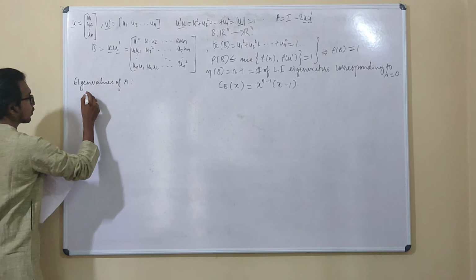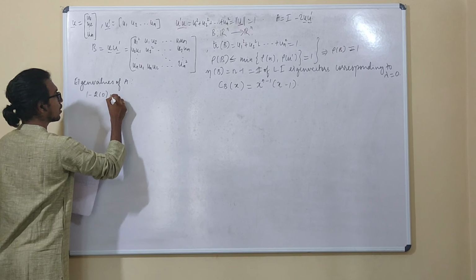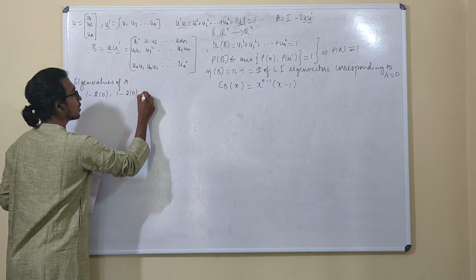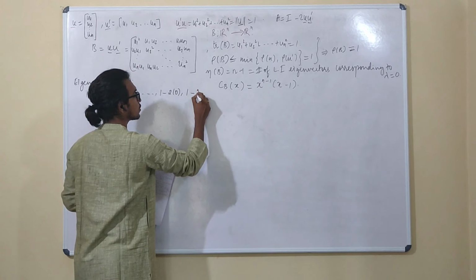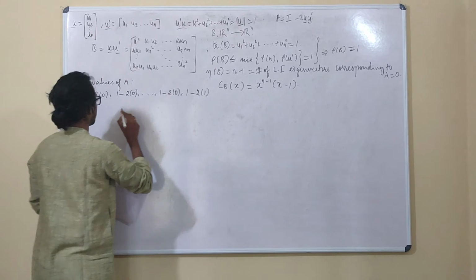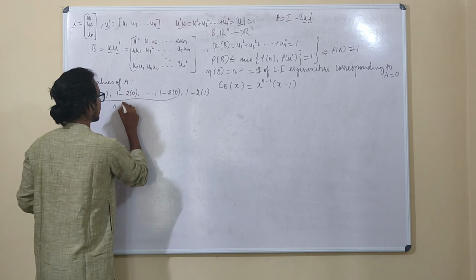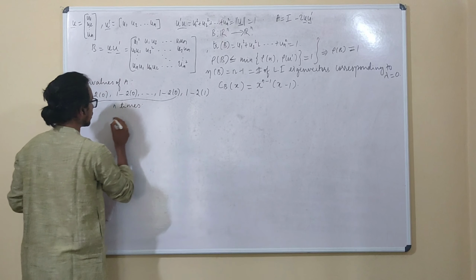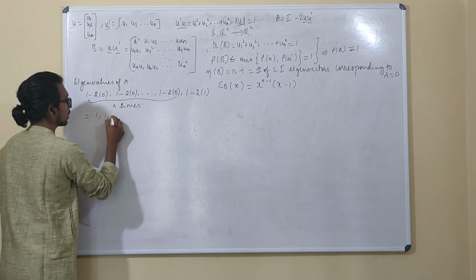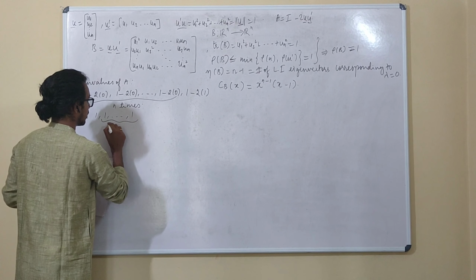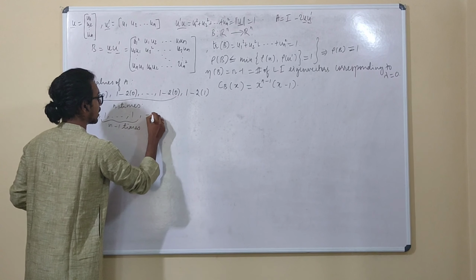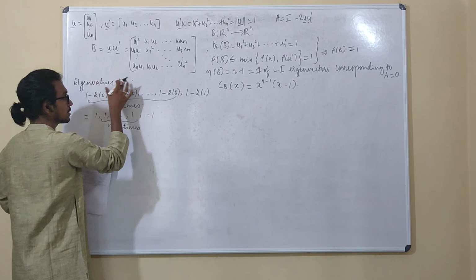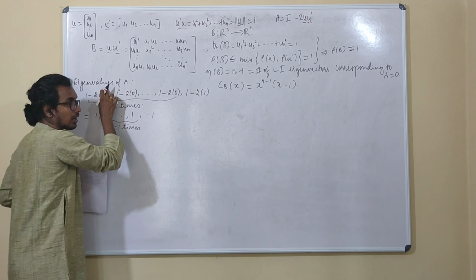So for that, 1 minus 2 times 0, and this is there for n minus 1 times, and then 1 minus 2 times 1. So this is there for how many times? N times. So finally 1, 1, till n minus 1 times, and minus 1 only once. So these are the eigenvalues of A.